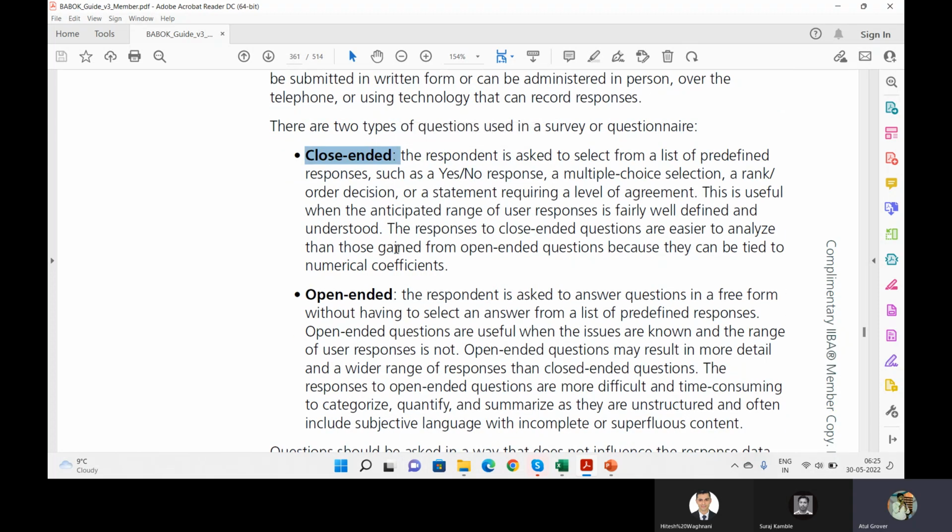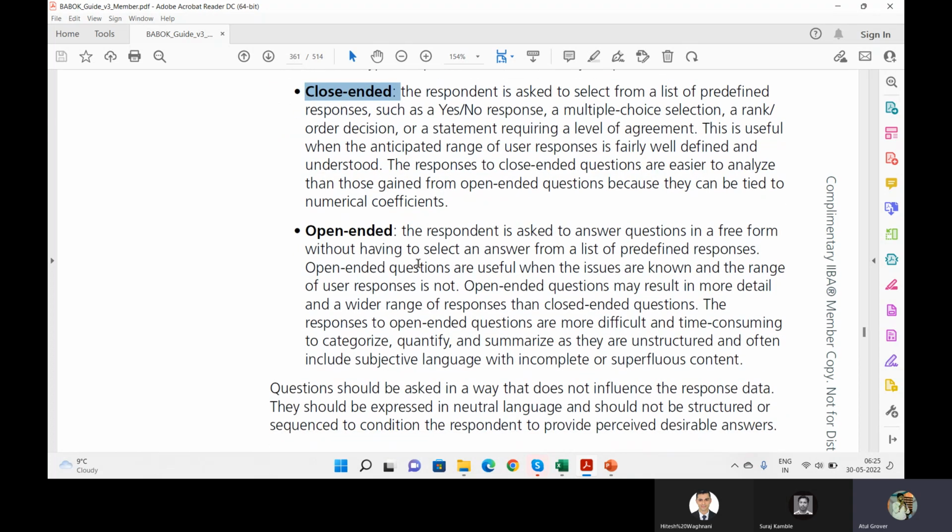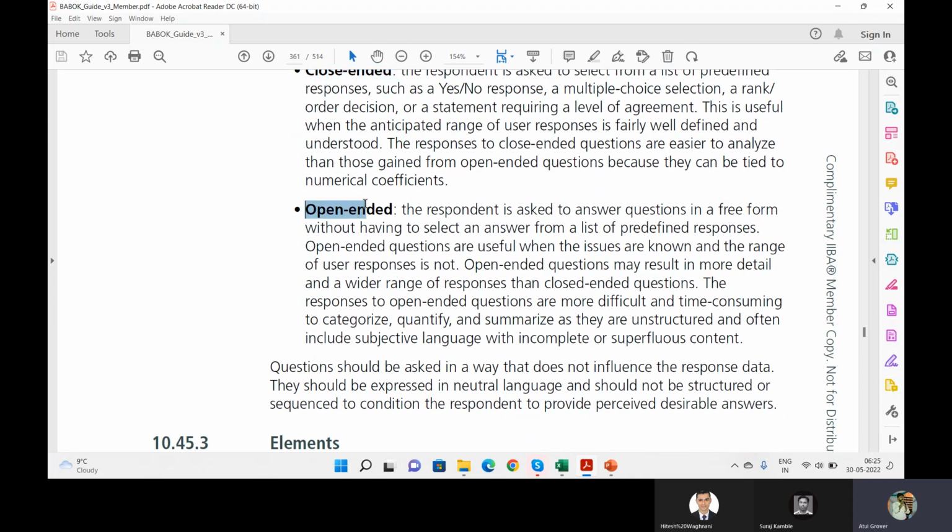If you dig a little bit in this area, there are a lot of research papers on these questions, on surveys and questionnaires as well. Now, open-ended question, where you ask the question in free form without having a certain answer or list of predefined responses.